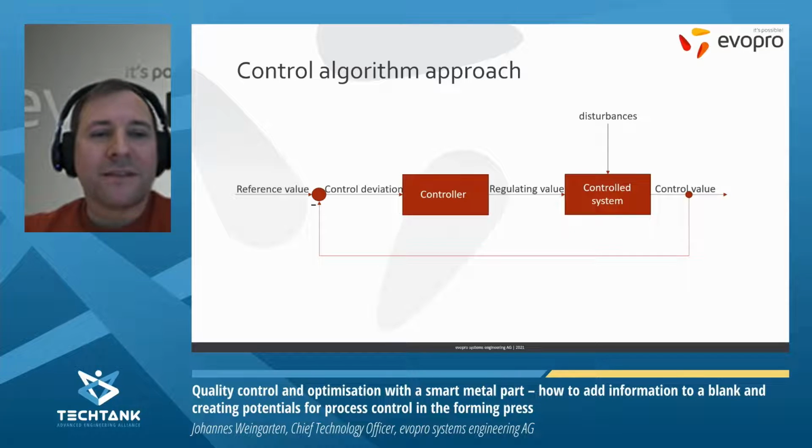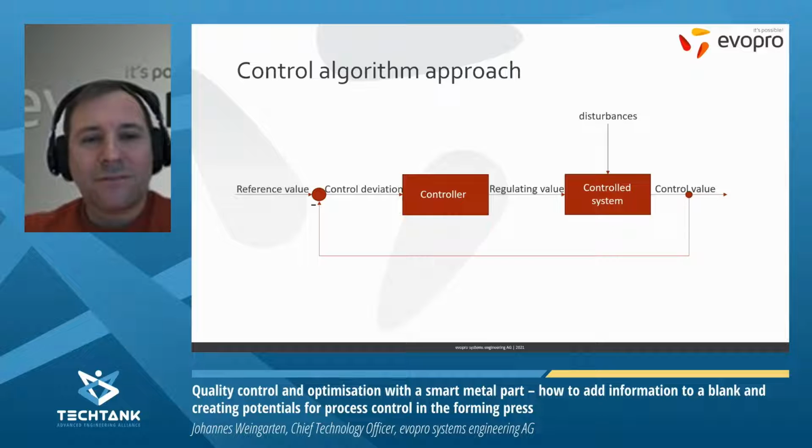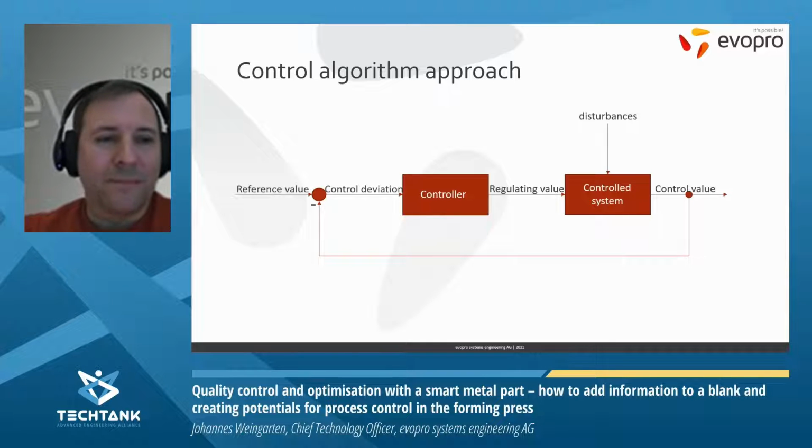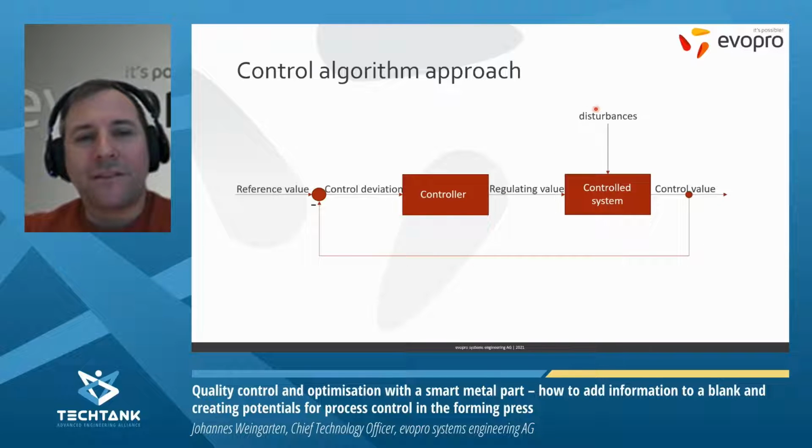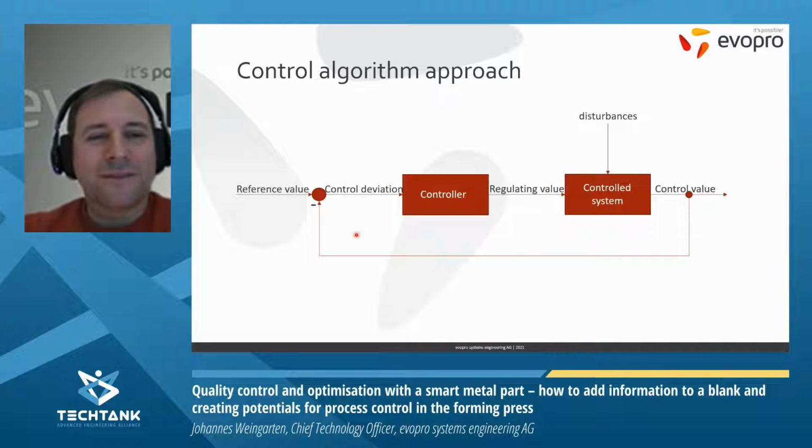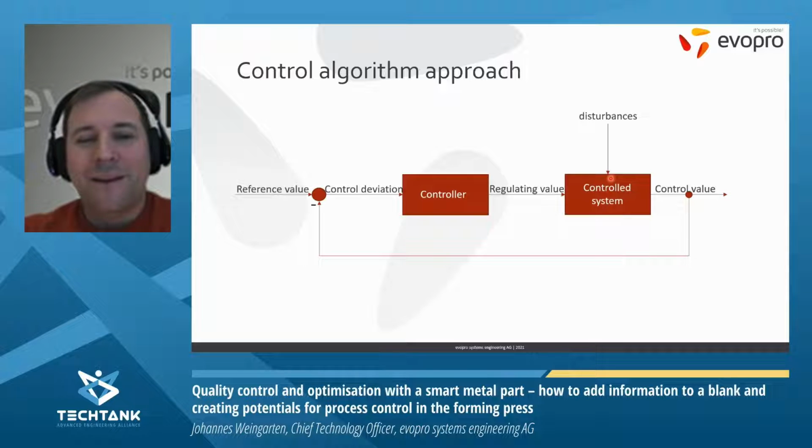The difference between the reference value and the control value gives you the control deviation. Of course, you will have disturbances in the control system, and these disturbances will always lead to this deviation.